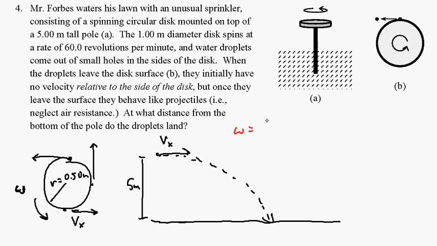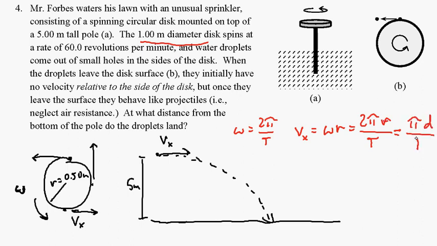So omega is 2 pi over T, and then the x velocity of these things as they come off is going to be equal to omega times the radius of the disk, which is 2 pi r over T. And if you want that in terms of the diameter, well, 2r is equal to the diameter, right? So we can just write pi d over T instead.